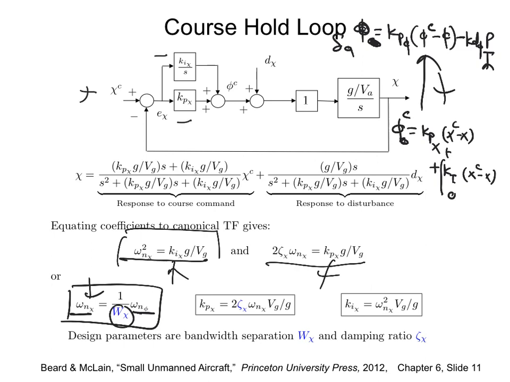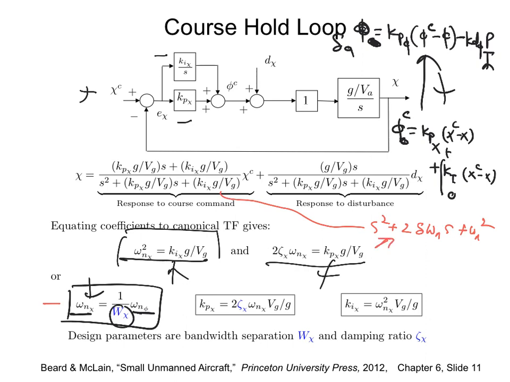For the inner loop, which was in the previous slide, the idea here is that we are comparing this with the desired transfer function, s squared plus 2 zeta omega n s plus omega n squared.